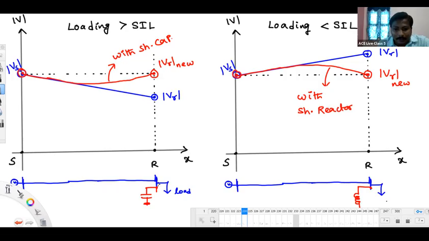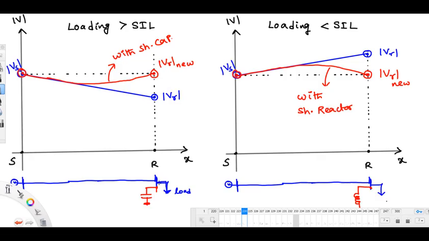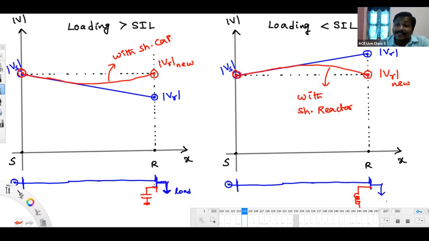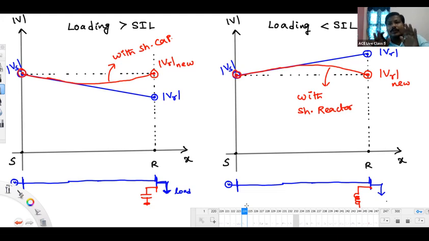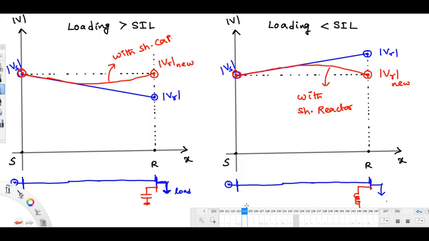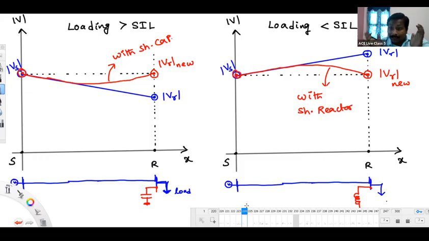Load power factor means this power factor only. If you have only load, that load power factor itself is the receiving end power factor. If any other element is added at that bus bar, then you have to sum up the whole thing and define the power factor. Okay, sir, I got it.